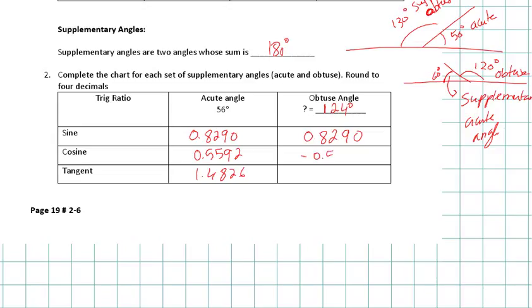How about tan of 124? See? Without even using my calculator, if I know one, I can find the other because they're supplementary angles. Okay? Sine is going to be positive no matter what. Cosine is going to be negative if it's obtuse, and tan is going to be negative if it's obtuse.